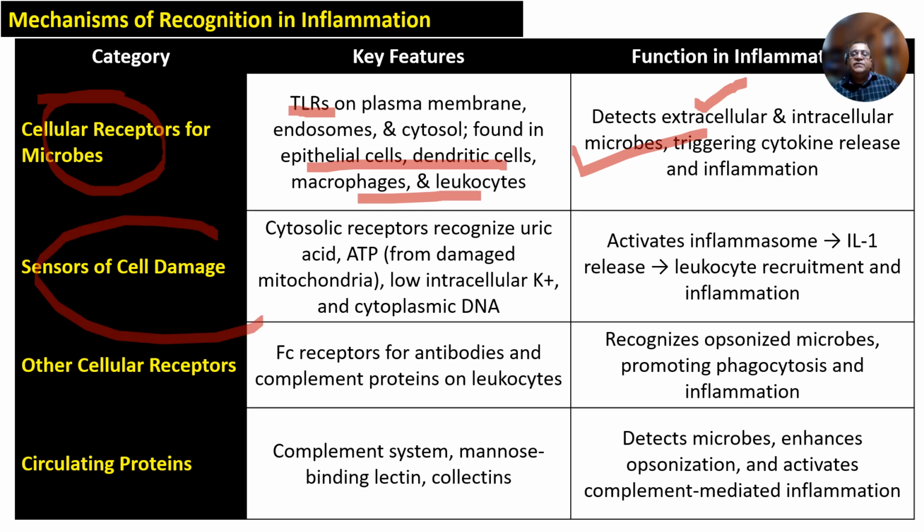Then sensors of cellular damage are site-specific cytosolic receptors that recognize damaging agents such as uric acid, ATP released from damaged mitochondria, low intracellular potassium, or cytoplasmic DNA.